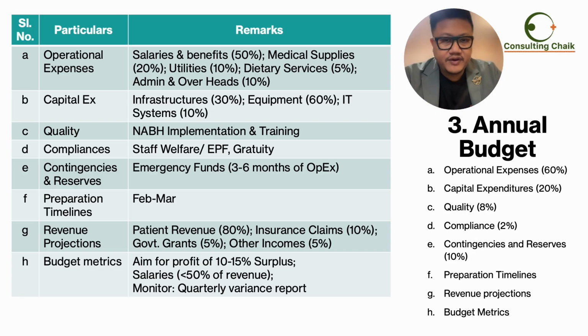I'm saying 10 to 15% surplus. Salaries should be less than 50% of your revenue all the time, and at least quarterly you should monitor the variance of your annual budget, quarterly budget, and the revenue, and what the variance is. So this is how you should be doing the budget, and you should be monitoring the budget.